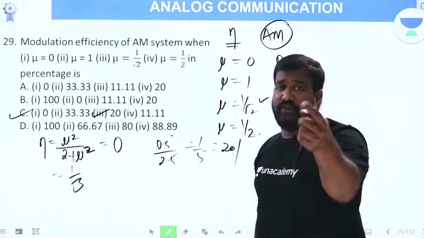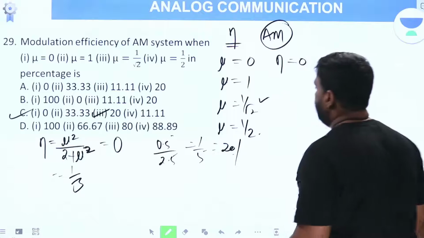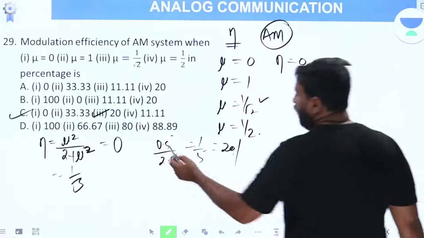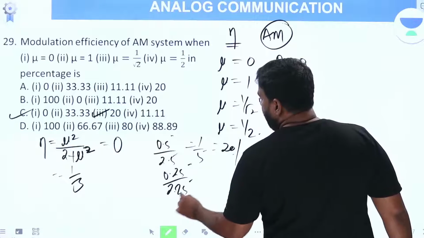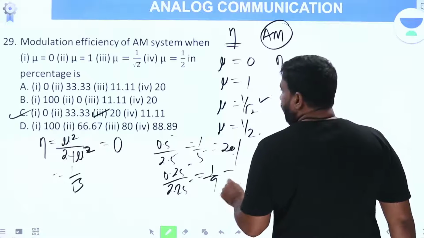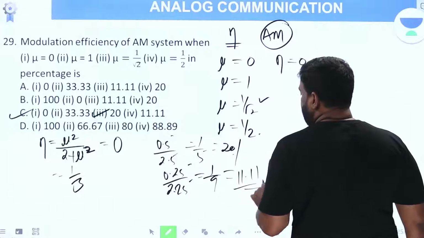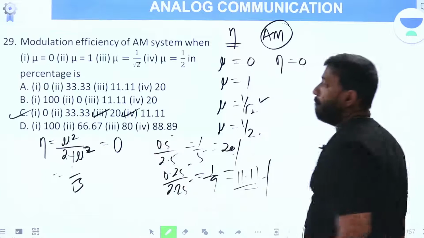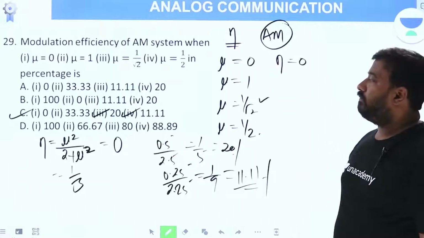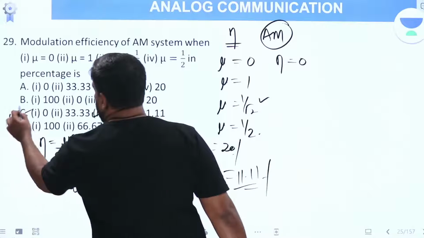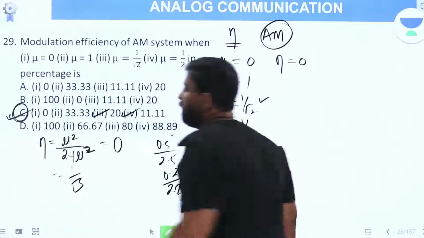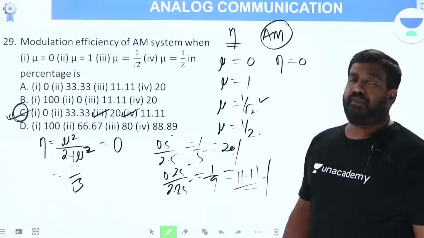Okay, last one, mu is 1 by 2. Mu square is 1 by 4, 0.25 by 2.25, 1 by 9, 11.11%. Therefore, question number 29, option C is the answer.